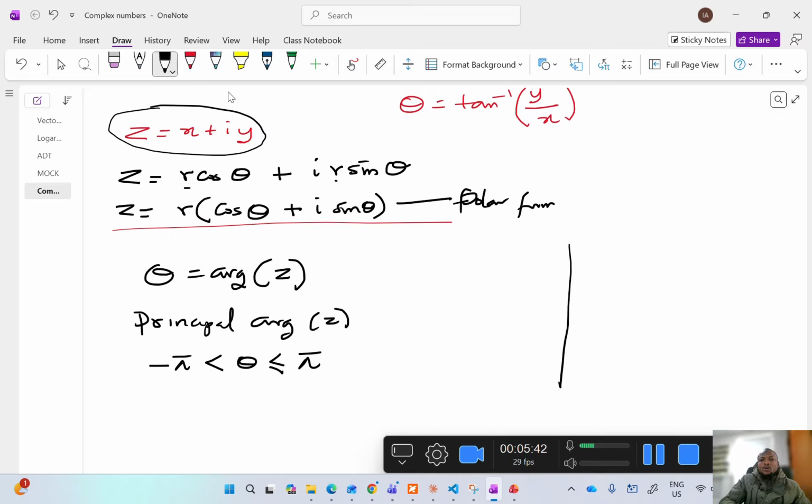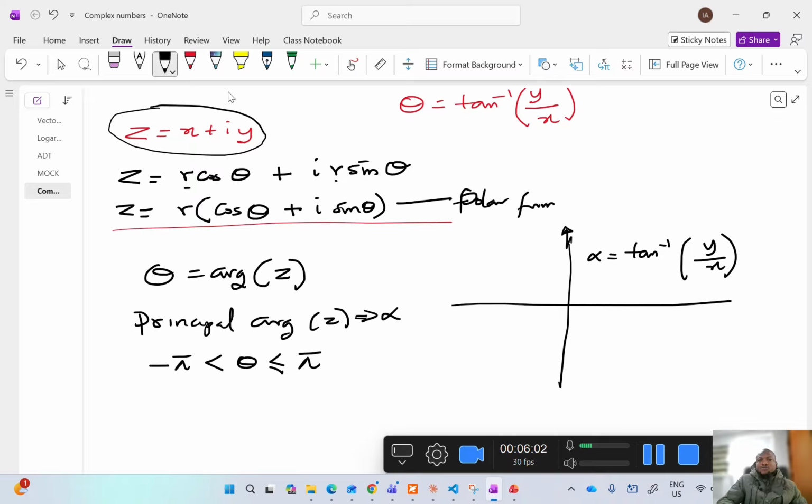Draw the four cardinal points. In the first quadrant, the principal argument of z, which I will denote as alpha, is equal to arctan of y over x. For the second quadrant, the principal argument of z is equal to arctan of y over x plus pi.